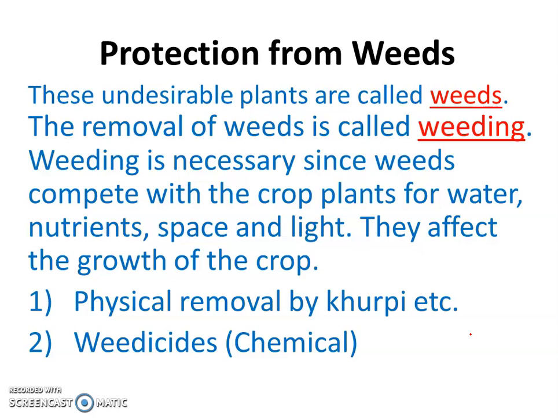Now, protection from weeds. The undesirable plants are called weeds, and the removal of weeds is called weeding. It is necessary to remove the weeds because the weed can get all the nutrients from the soil and affect the crop.